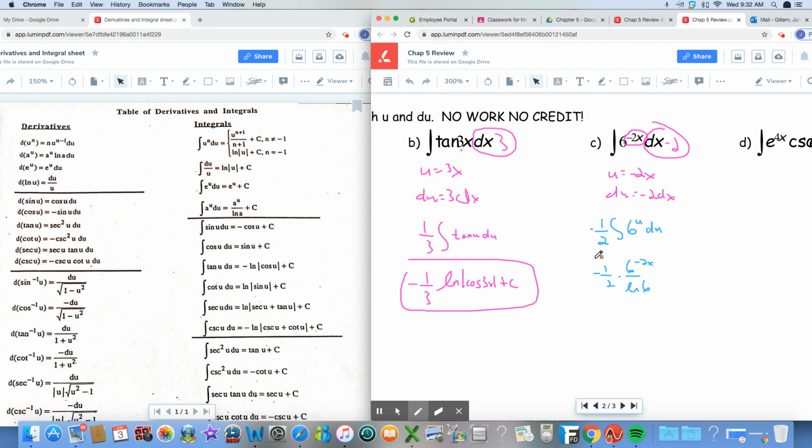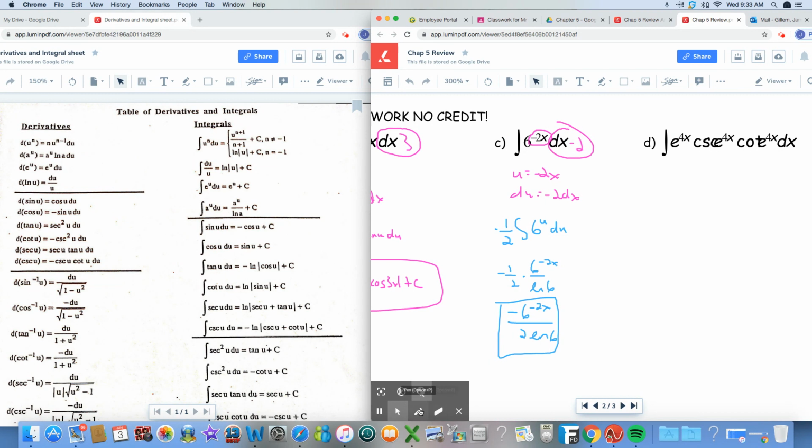All right. So -6 to the -2x over 2 natural log of 6. All right. And there you go. Box. All right. Scrolling over. Okay. So for this one, I have 2 trig functions.